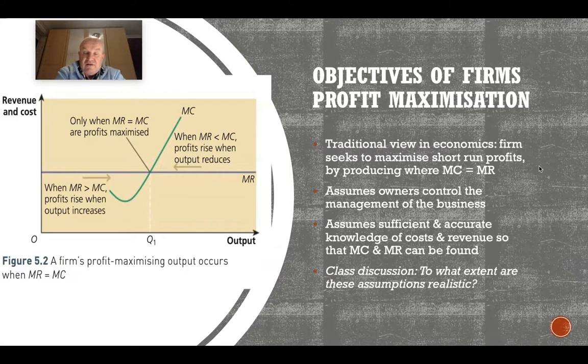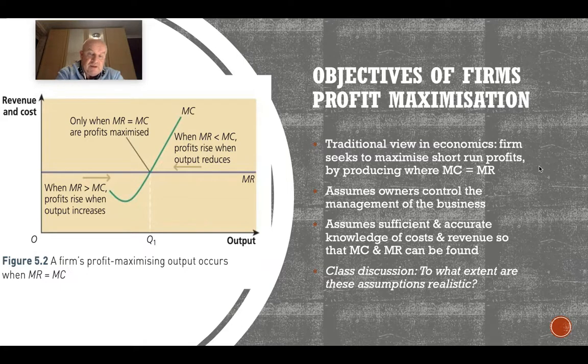Okay, so there are some issues around how people can find that out. Now, clearly, if they've got good costing systems, then they might well be able to do that. But effectively, what we're going to do is try and demonstrate how that works, and also to some degree explain and discuss whether we think these assumptions are realistic.